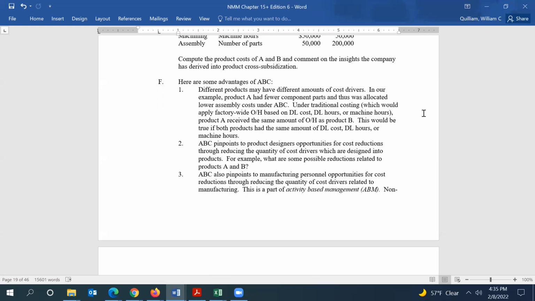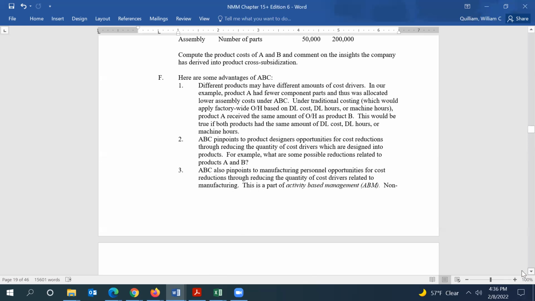If we could reduce those, that could save some money. And number three, ABC also pinpoints to manufacturing personnel opportunities for cost reductions through reducing the quantity of cost drivers related to manufacturing. And that's part of a broader concept called activity-based management, or ABM.